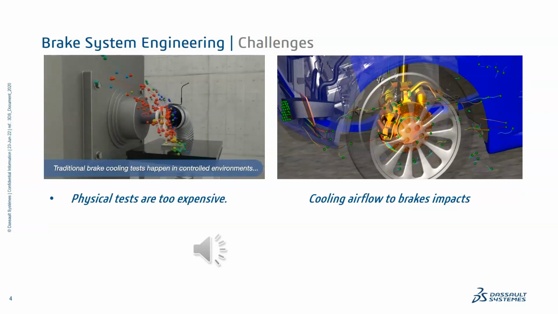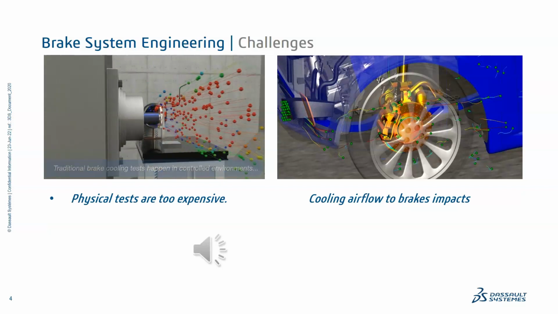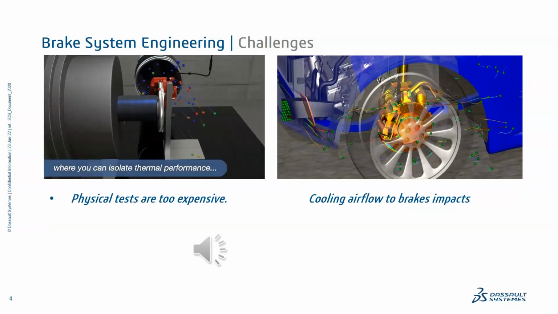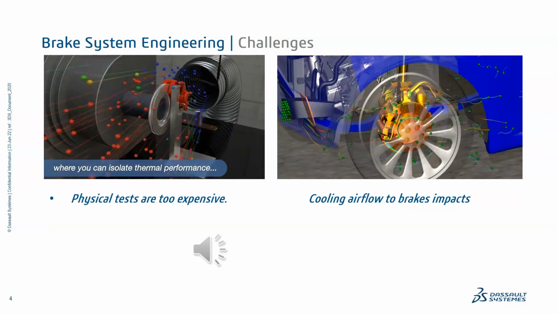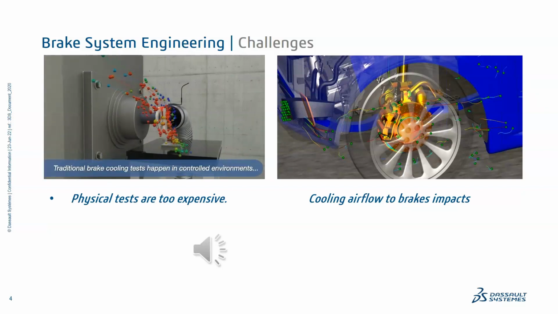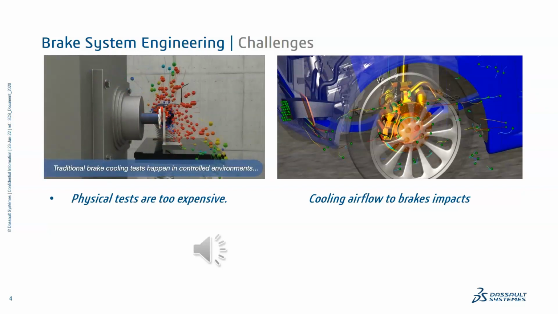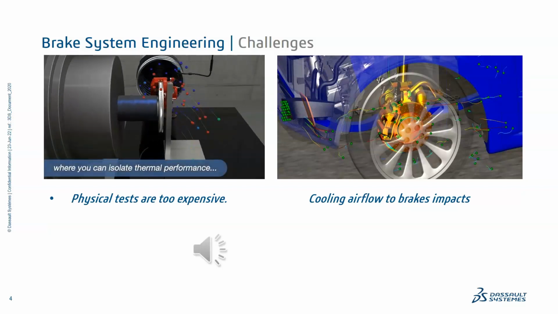The way the brakes are put up, the wheel rim, etc., everything contributes to performance. So it is important to understand how cooling is vented out, or how the brakes are cooled. Cooling vents can affect the performance of the brakes and how safe they are. So this all affects the cooling of the brakes as well.